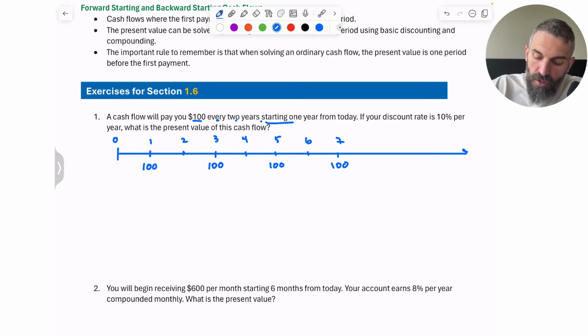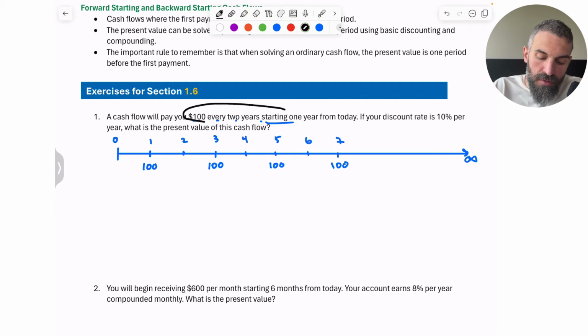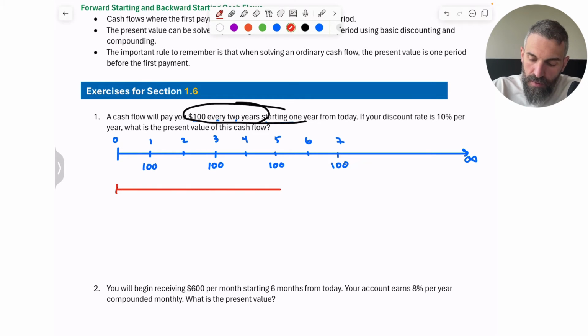Now, before we solve it, let's talk about what the issue is. The issue here is that because the payments are every 2 years, technically 1 period is 2 years. So if you were to look at this, I'm going to draw it in red, technically period 1 is actually at year 2, and period 2 is actually at year 4, and period 3 is actually at year 6, and so on.